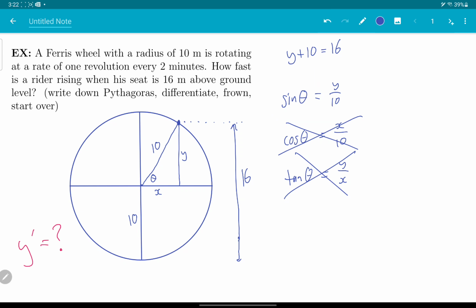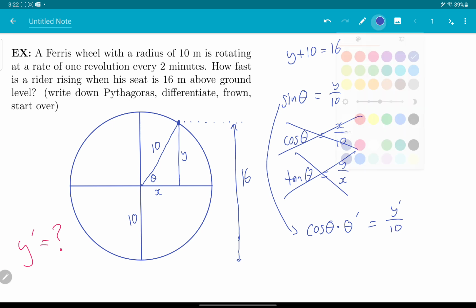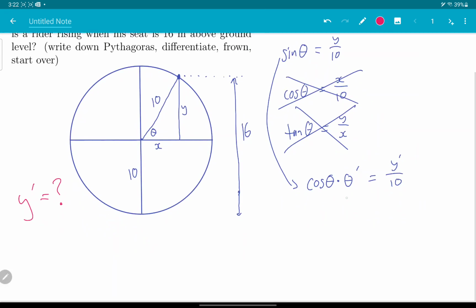So sine theta is y over 10. And I'll take a derivative of both sides to get cos theta. And then chain rule gives me a theta prime popping out. And then on the right-hand side, I have y prime over 10. Now you'll remember that theta prime is also known as d theta over dt.